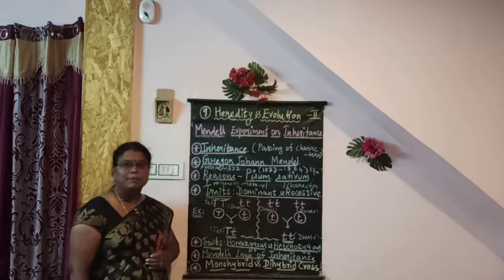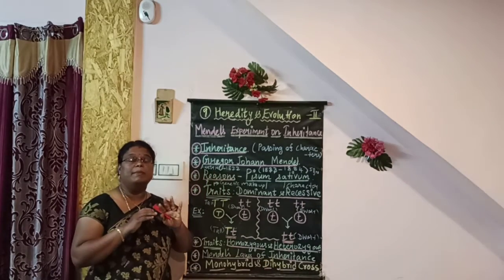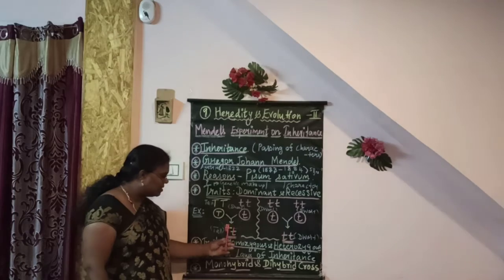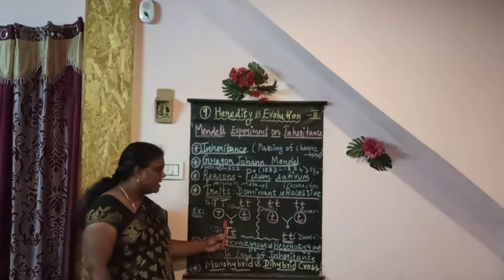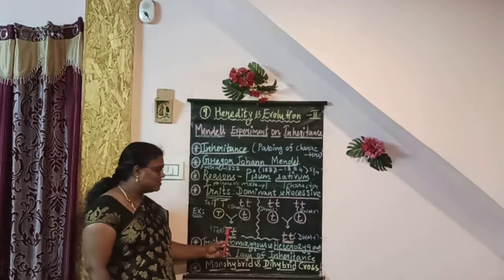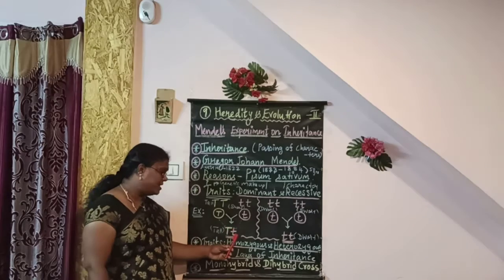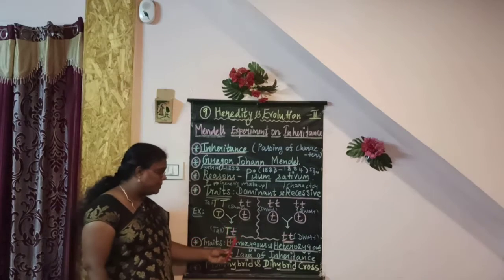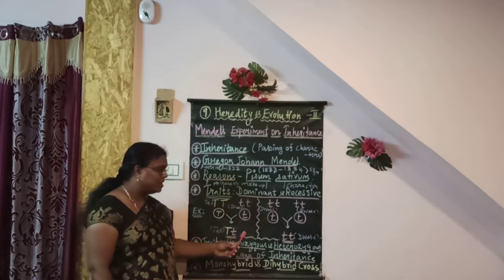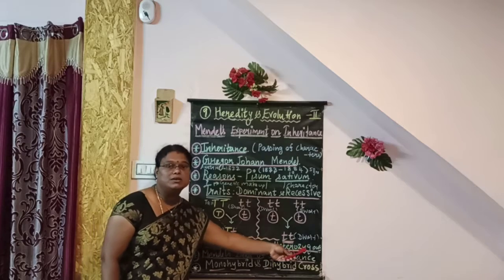A heterozygous trait is nothing but the genetic makeup being different here. So see here, this is a heterozygous trait. It is having capital T and small t, that is dominant and recessive. Finally the dominant will express itself. This genetic makeup, capital T and small t, is a heterozygous trait.